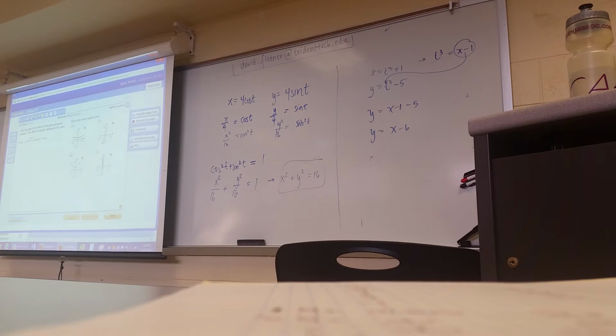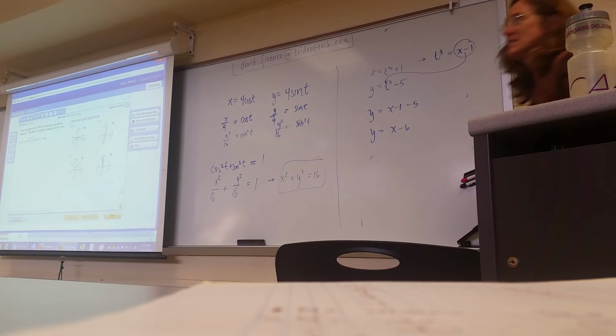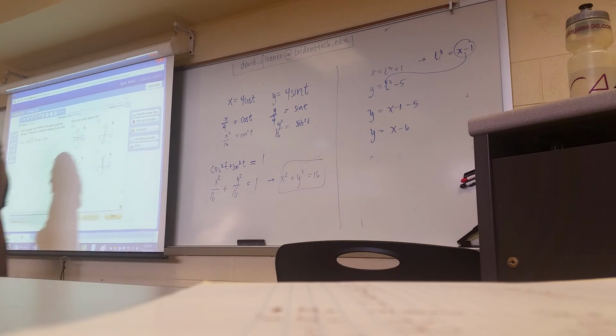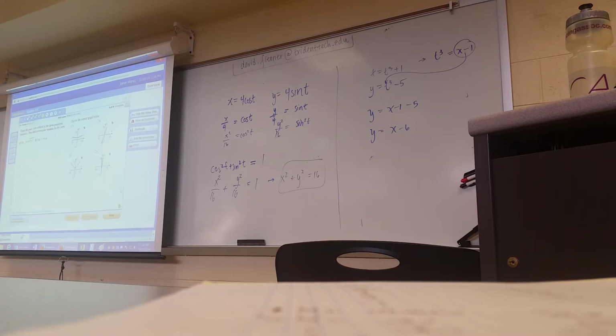Okay. Number 5, back to algebraic. For all t, x is 3t and y is the square root of t squared plus 5. So what does that look like? The parametric and polar are very different ways of graphing, just like the rectangulars.